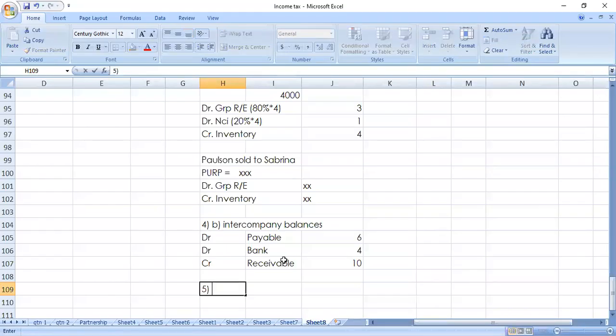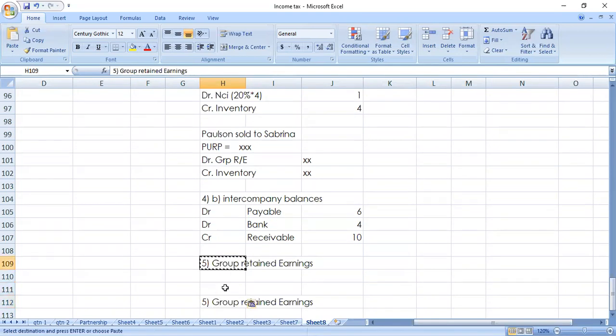So number 5, group retained earnings. You're aware that you bring everything. Actually, before I do that, I was skipping the other intercompany, which is working number 4, part B. Let me call it part C.